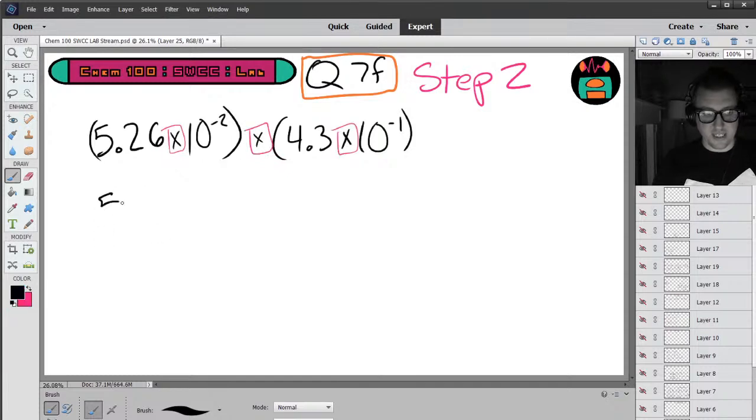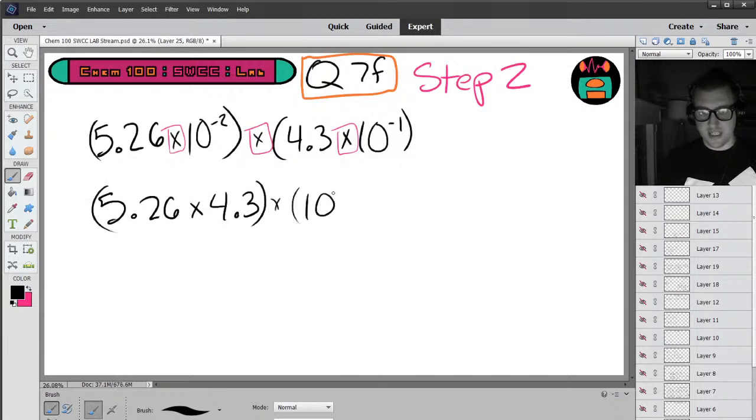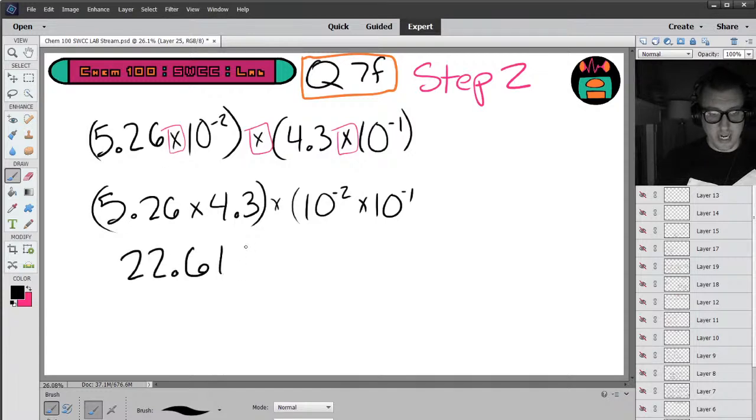So we can rewrite this as 5.26 times 4.3 times 10 to the negative 2 times 10 to the negative 1. Now, when you go 5.26 times 4.3, that comes out to be 22.618.